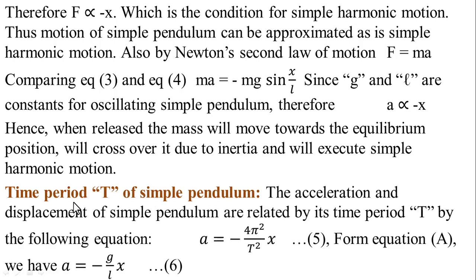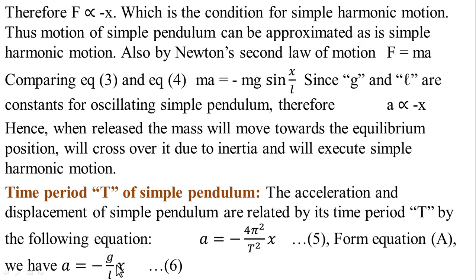Now, for a time period T of a simple pendulum, the acceleration and displacement are related by the time period T through the following equation: a is equal to minus 4 pi square x over T square.